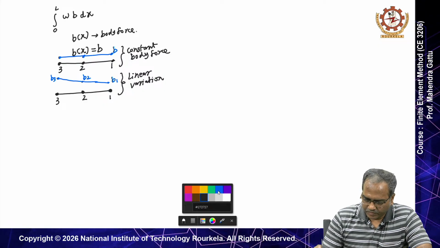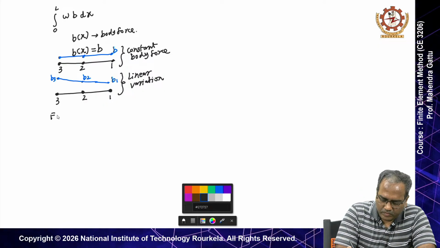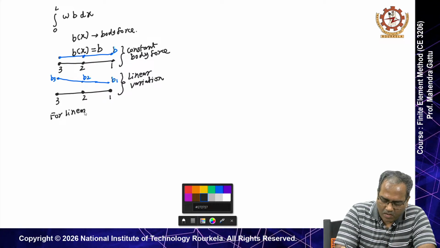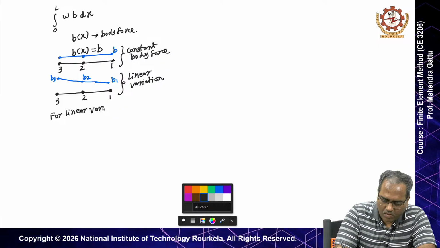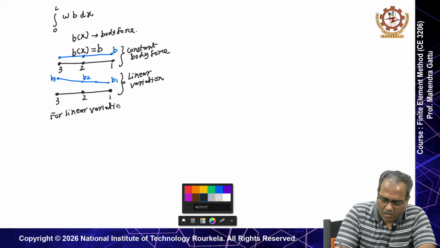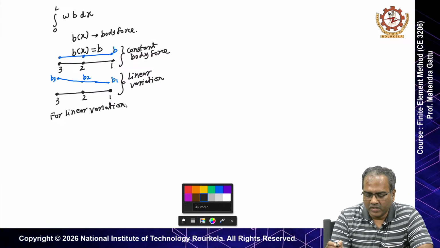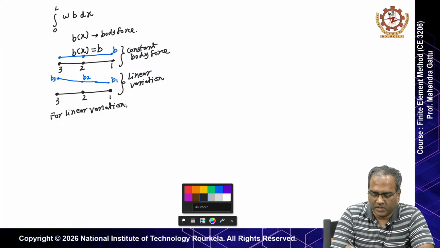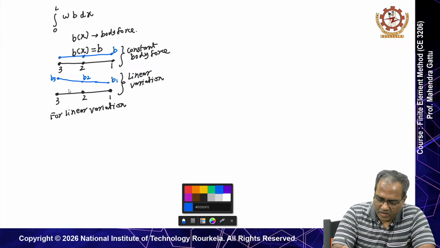So for linear variation, we can write B of x in terms of shape functions. Okay.